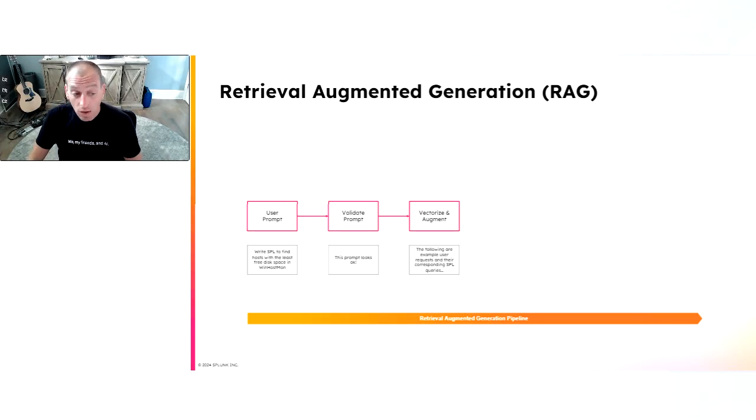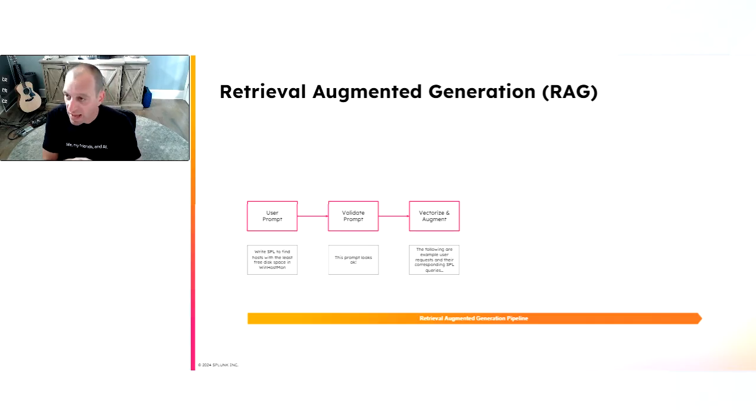So when you put this prompt in, we go to our vector database and try to find other SPL queries that are kind of sort of similar to what you put in your prompt. It doesn't have to be exact. The ability to find something similar is exactly what a vector database is designed to do. It's not trying to find exact matches, but similar matches.